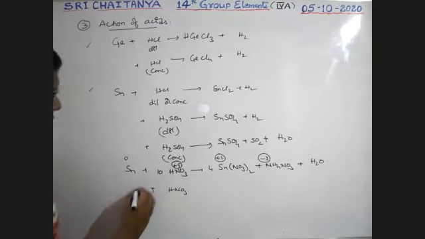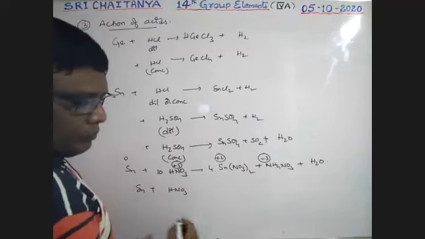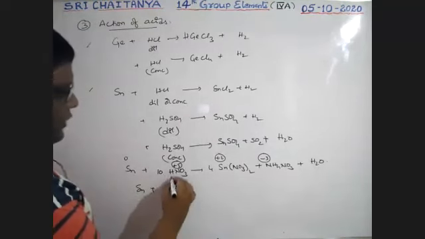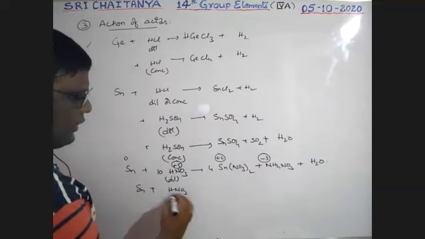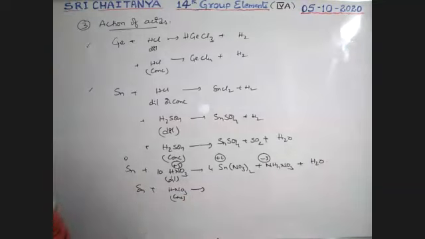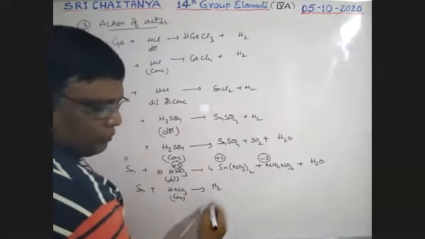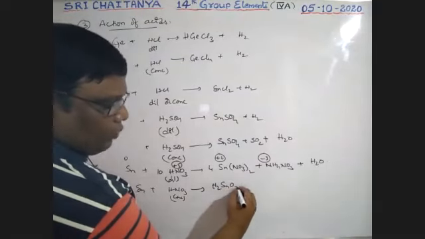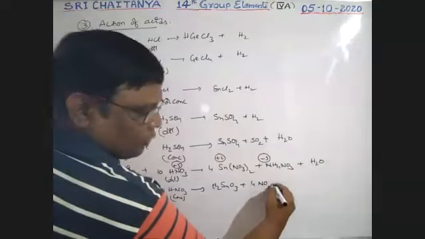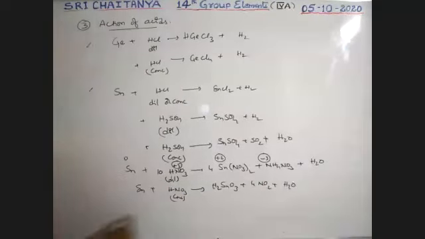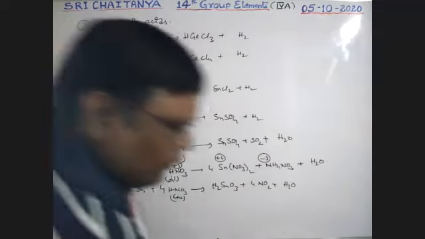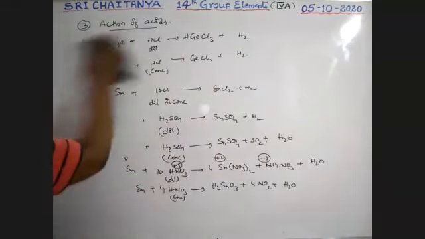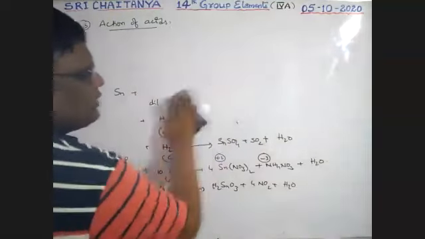Next, tin with concentrated HNO3. That gives H2SnO3 plus 4NO2 plus H2O. So this is 4HNO3. So with dilute HNO3, with concentrated HNO3, with aqueous HNO3, why are all these reactions very, very important? That's why I'm writing all reactions.